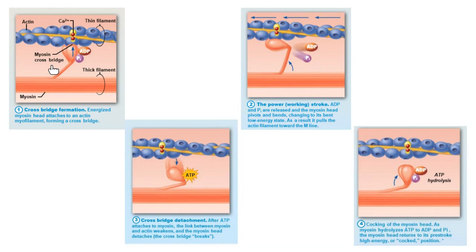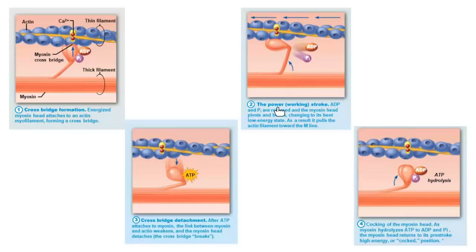This is always going to happen as long as the myosin binding sites on actin are available. So as long as myosin is in the upright or the cocked position, and as long as there's an open space on actin, I'll always form a crossbridge. So myosin attaches to actin. That's the crossbridge formation step.